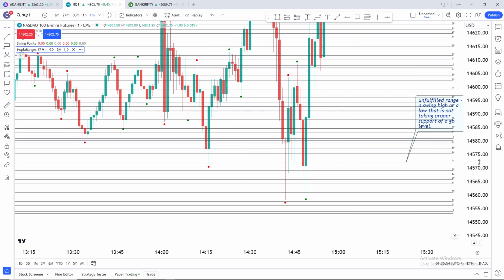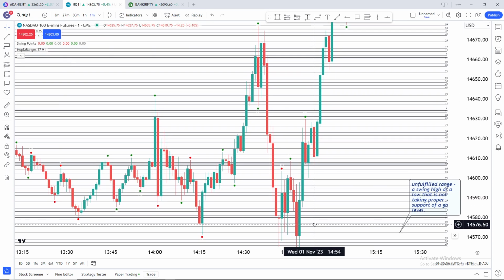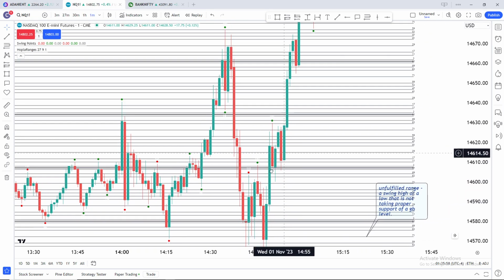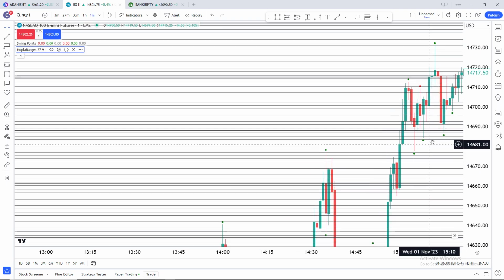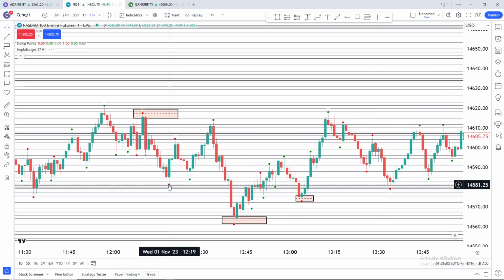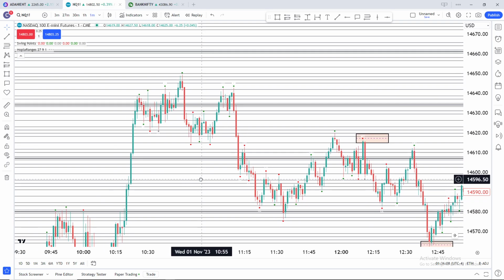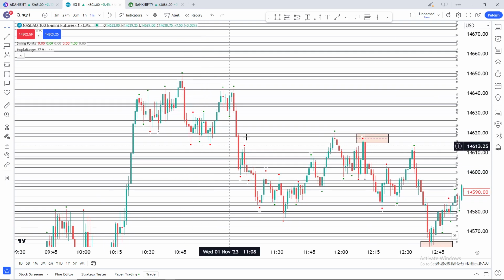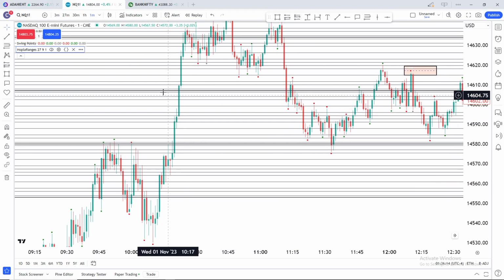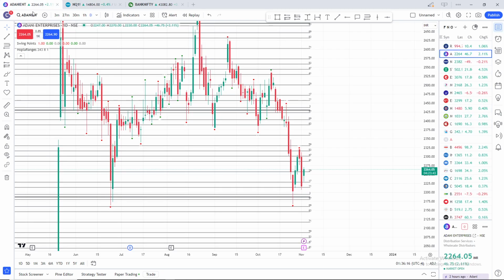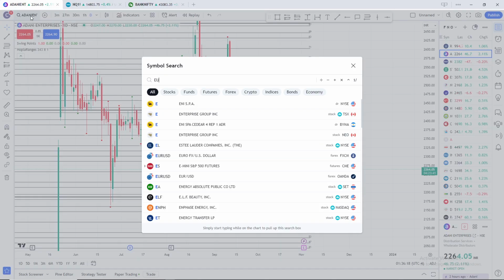Okay, let's look at, see if there was any other examples that I can show you. I think there was one at Euro USD. I'm going to show you that.